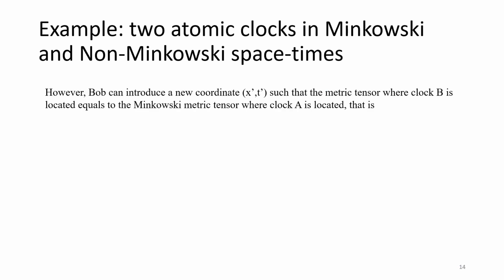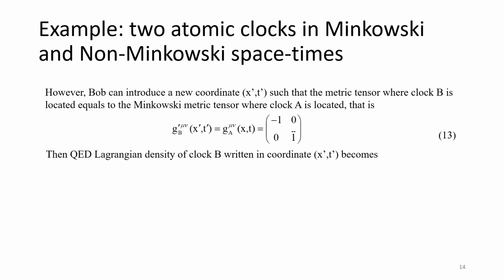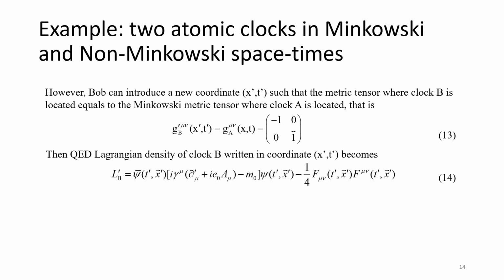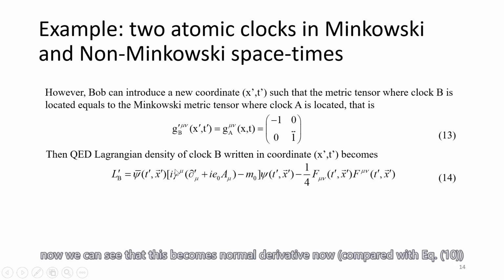However, Bob can introduce a new coordinate, x prime, t prime, such that the metric tensor where clock B is located equals the Minkowski metric tensor where clock A is located. That is, then the QED Lagrangian density of clock B written in coordinate x prime, t prime becomes this one. So now you can see this becomes the normal derivative.